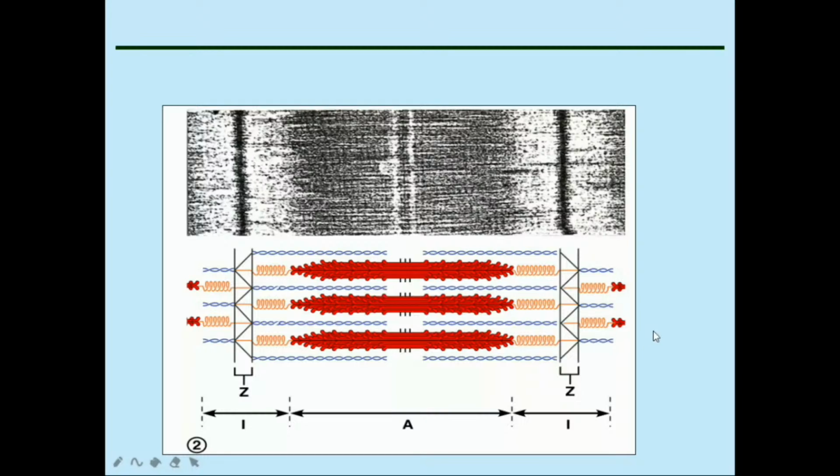And the light band between two adjacent dark bands is called as the light band or the I band because it is isotropic to the polarized light. Naturally it will contain the Z disc in the center, and on either sides it will contain the actin filaments, some belonging to this sarcomere and some belonging to the next sarcomere.